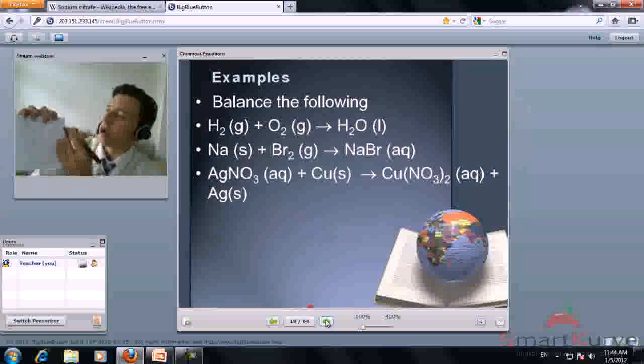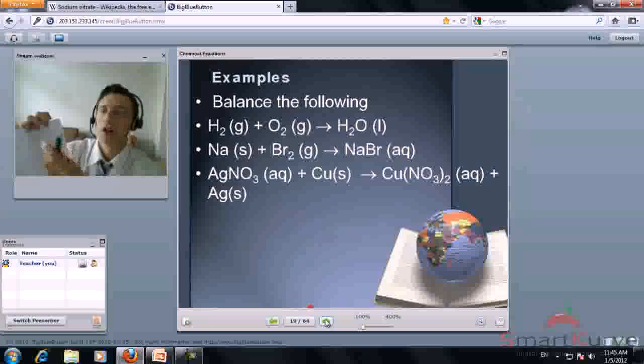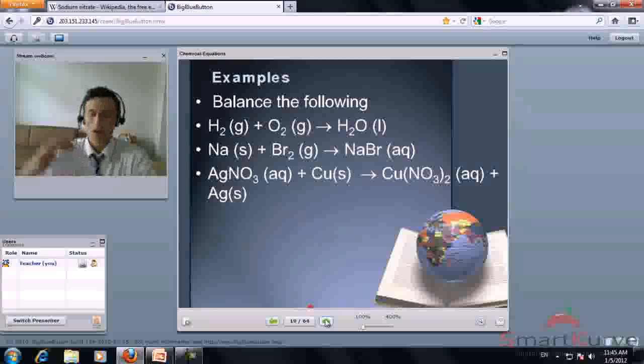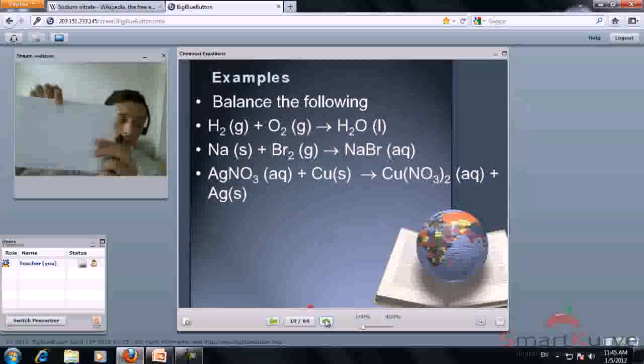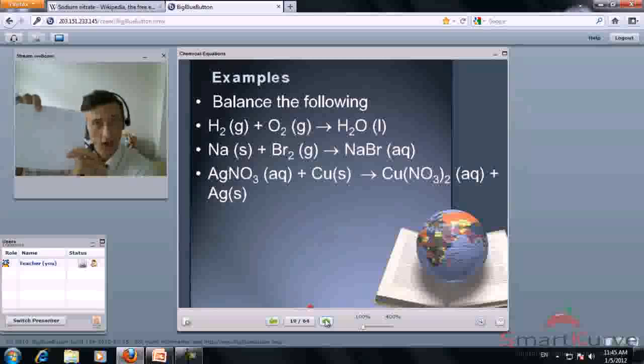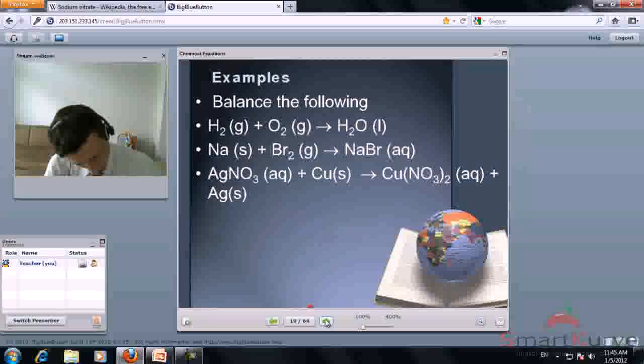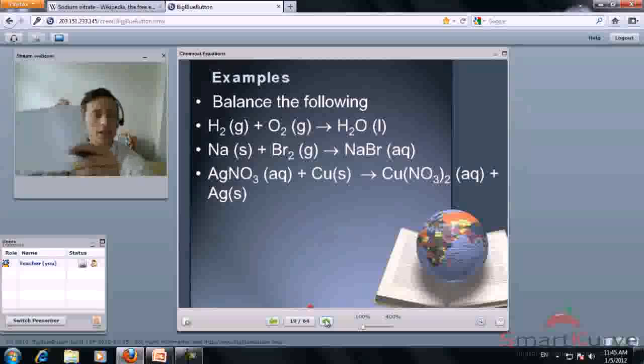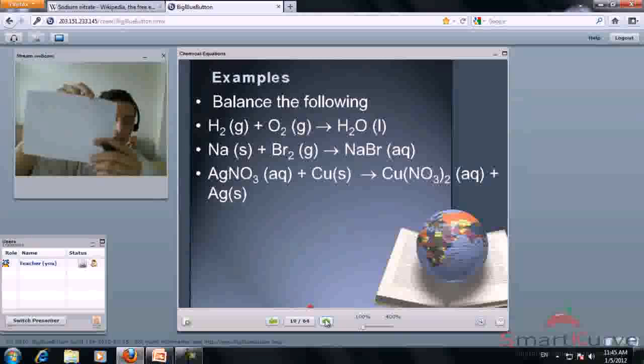Now remember, we cannot use a subscript to balance the equation. We have to use a coefficient. So if we've got 2 oxygen atoms here, and we need to have 2 here, the natural thing to do is add a coefficient of 2.